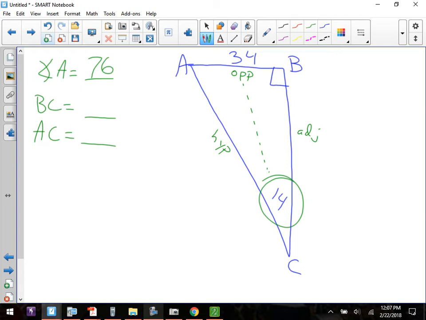What trig function am I going to use to find a hypotenuse if I know my opposite? Sine, good. So I have the sine of 14 is my opposite over the hypotenuse, which is AC. And then what are you going to use to find the adjacent, knowing the opposite? Excellent. Use tangent that time.